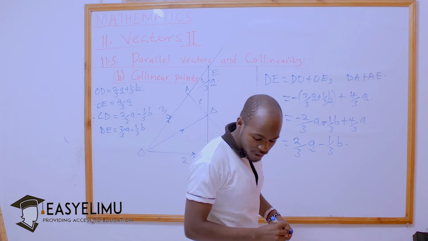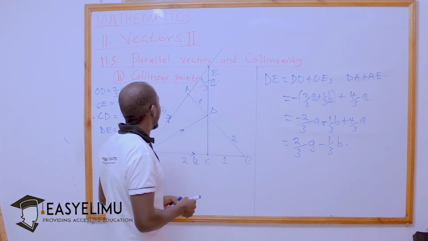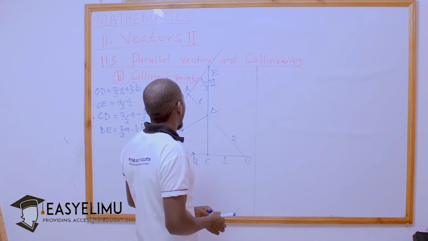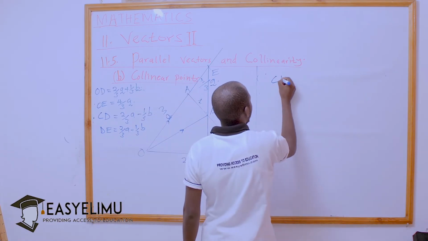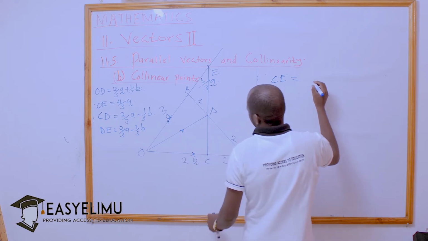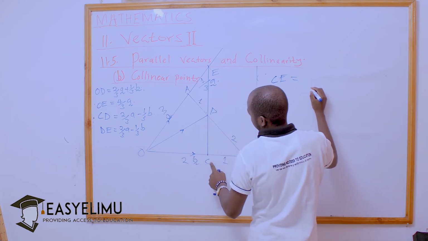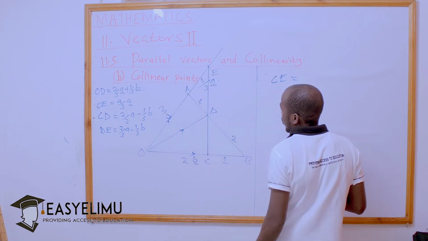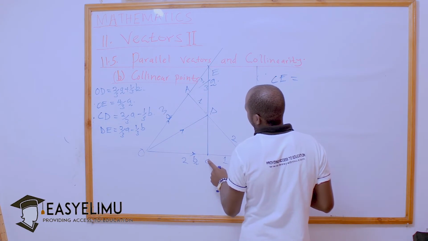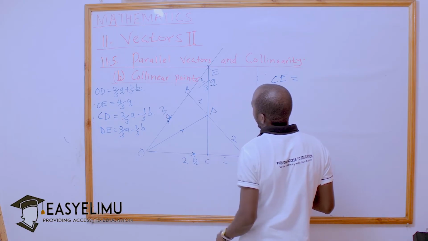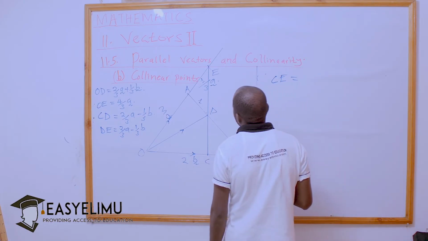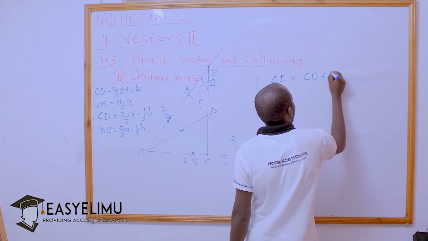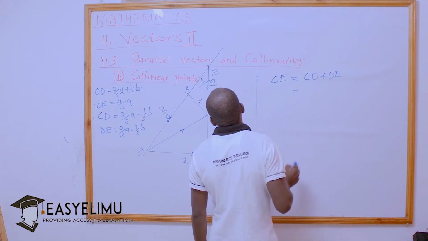Now the next question was to find CE. CE can be found by taking either CO plus OE, and that's the best method to go with.